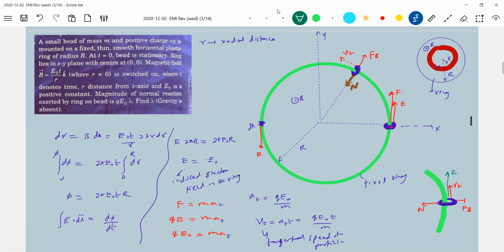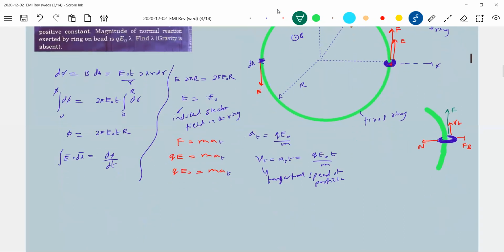So what is the equation we can write here now? Looking at this, the normal reaction: N minus q v B equals the centripetal term. The expression for v t you know, so substitute that.